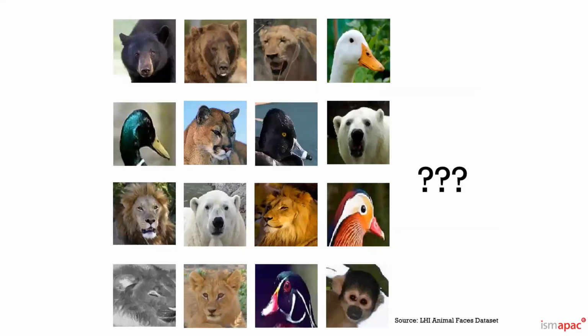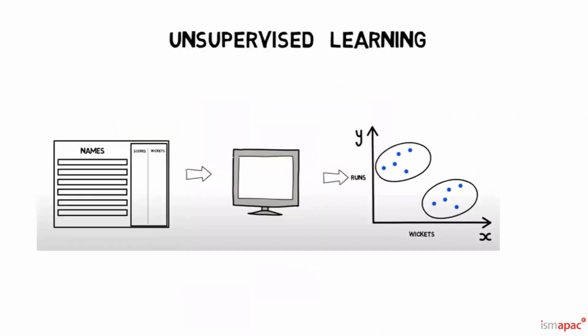Take this simple example. Let's say we are adding more and more animals every day, insects and subcategories. Can we keep on labeling them? How difficult it is. This is where unsupervised learning comes into play. Take this example: we have some cricketers who have scores and wickets in particular matches.